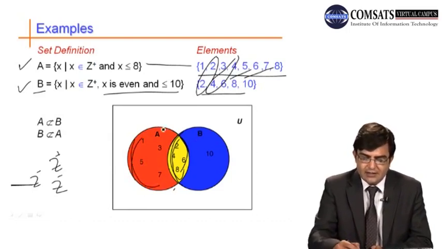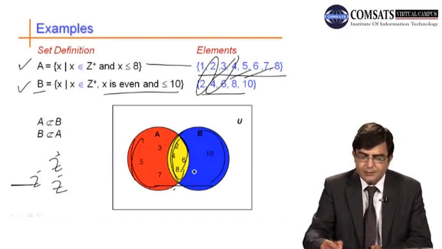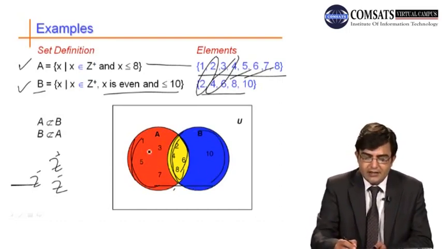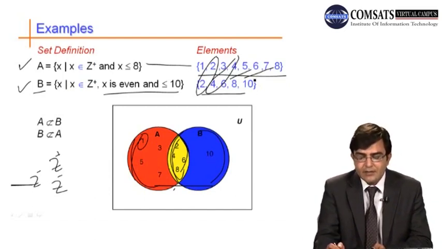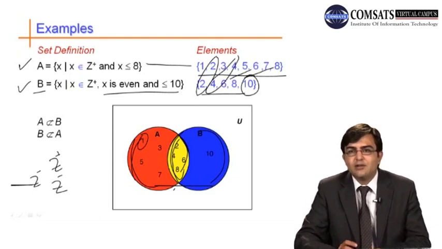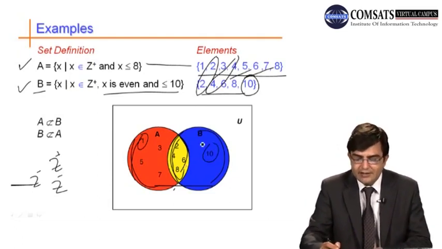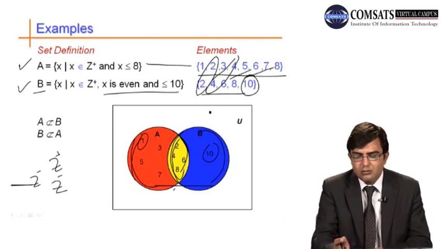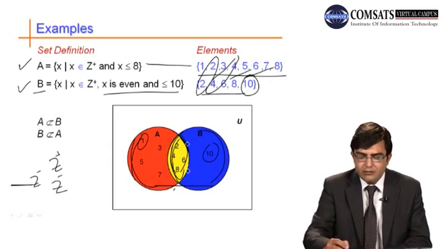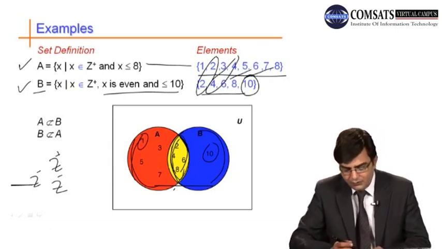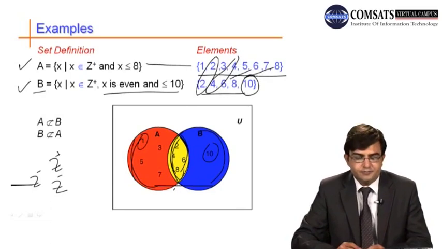So this set represents A, this set represents B. So we write 1, 3, 5, 7 here, because these elements are not common with B. Similarly, in B, the element 10 is not in A, so we write it here, which is not the common area of A and B. But the elements which are common in A and B, we write in this common region. So this is how we can write these two sets A and B using a Venn diagram.